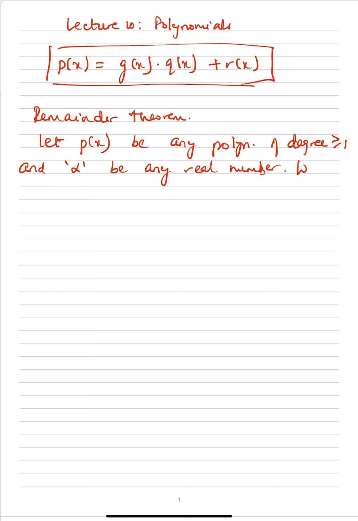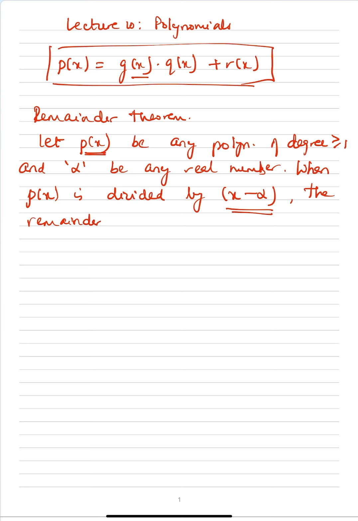Then when this p of x is divided by x minus alpha, now see, the form is x minus alpha. Here g of x is given, but here they are giving x minus alpha. Then what will be the remainder? Then the remainder is p of alpha.